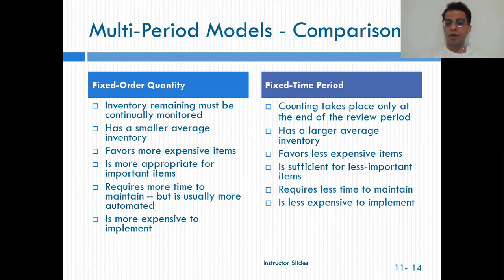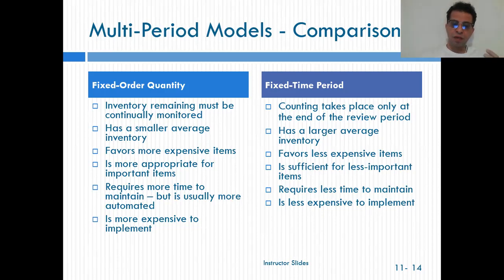The fixed time period has larger average inventories and favors less expensive items. In this one more, in this one less. The fixed order quantity is more appropriate for important items, so we want to have the more important ones there. The fixed time period is sufficient for the less important items.